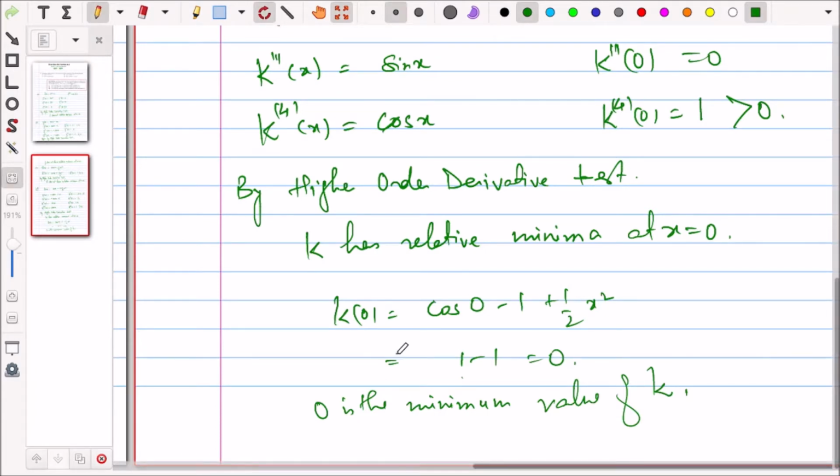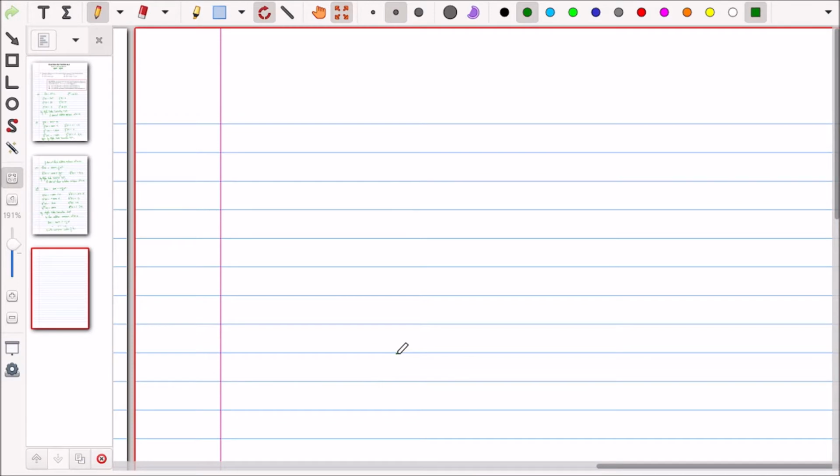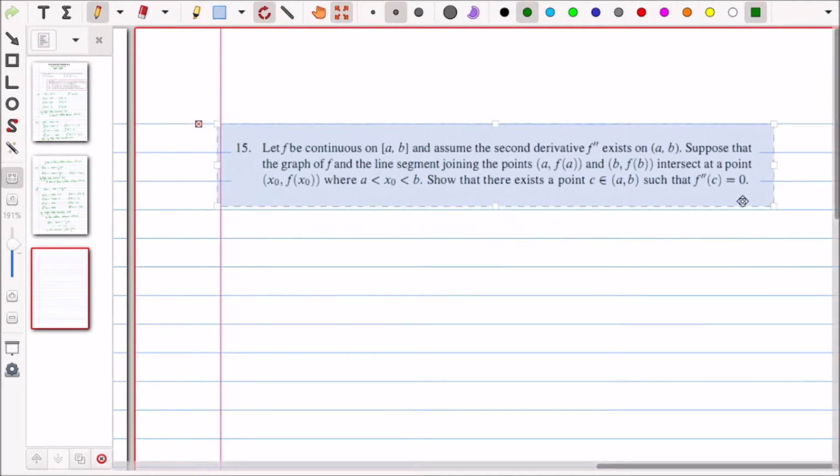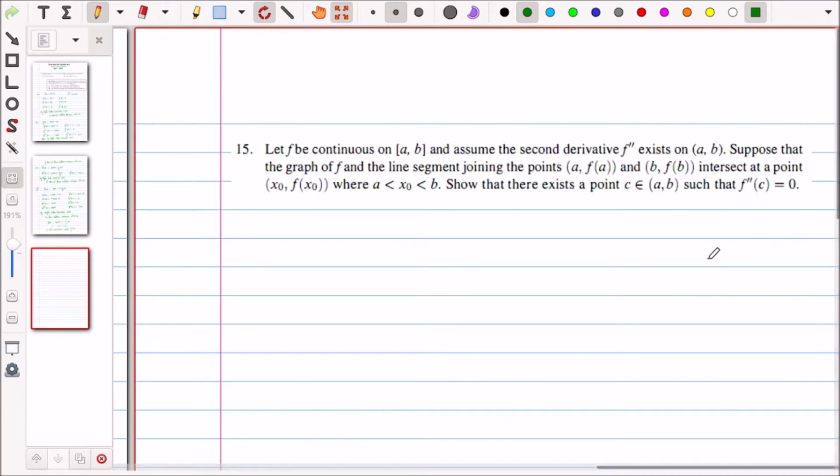Okay, now that we have completed question number 14, let us take question number 15. In question number 15, we are given a function which is continuous on the closed interval [a, b], and we are assuming that its second derivative exists on the open interval (a, b).